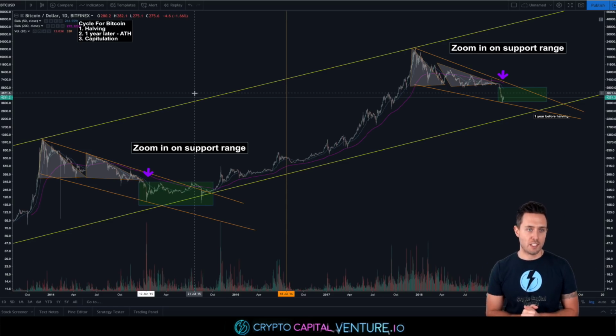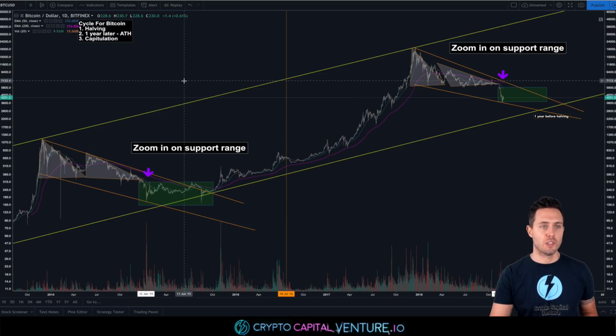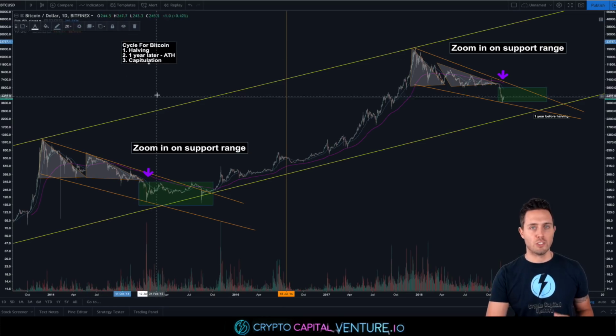Really, I would say this is kind of an in-depth technical analysis in terms of time frames. Using time frames is huge to really gauge cycles, to really try and gauge bottoms and be prepared for bottoms.